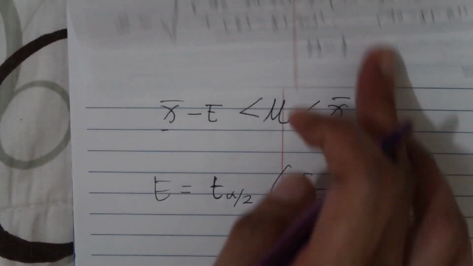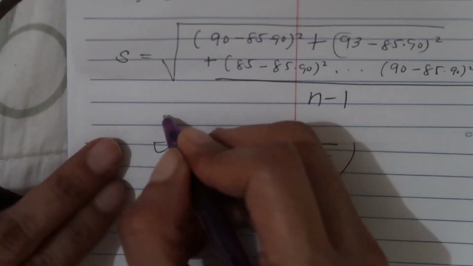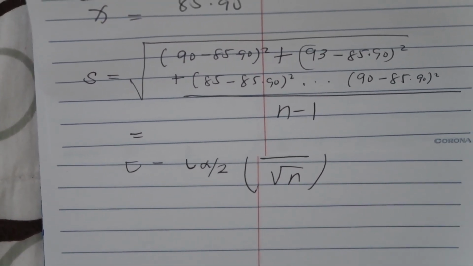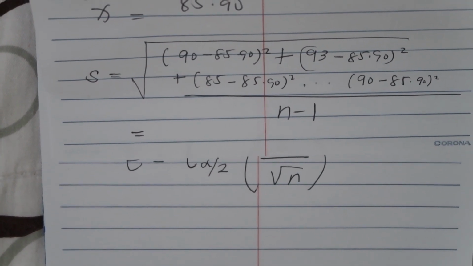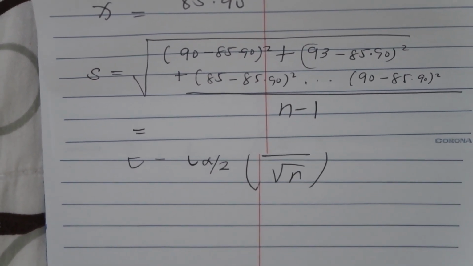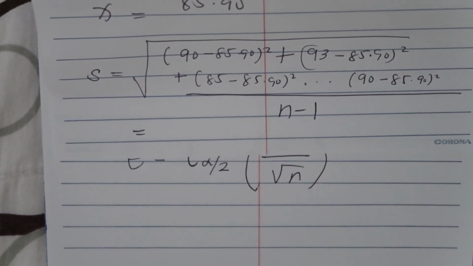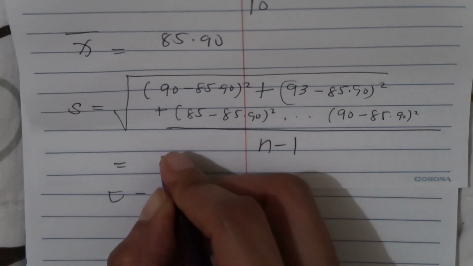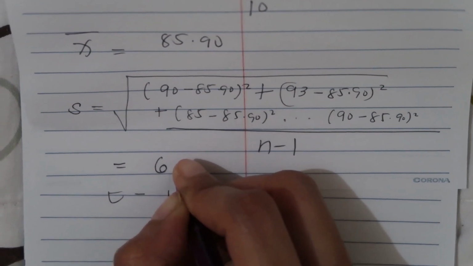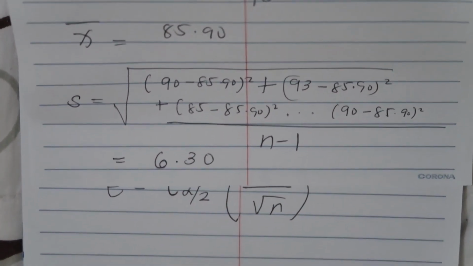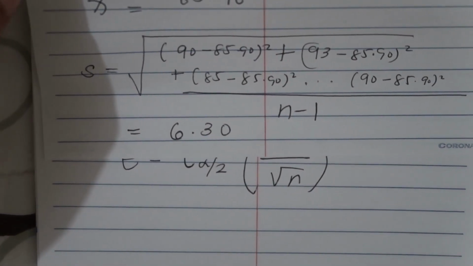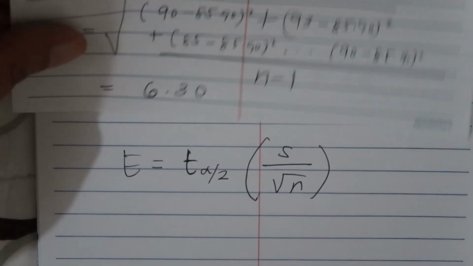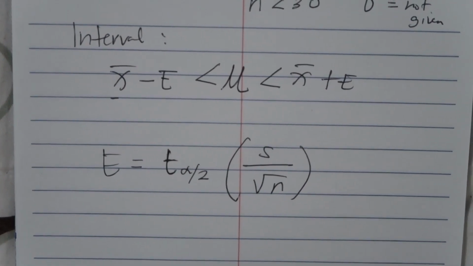Upon computing that, your standard deviation is 6.30. So n minus 1 will be 9, and you have 6.30.